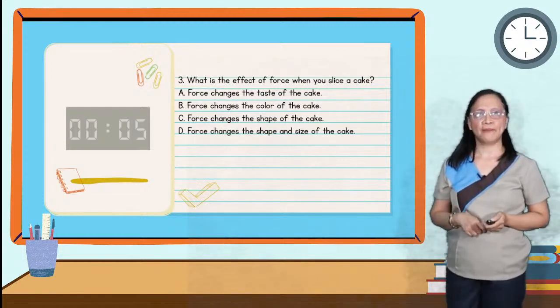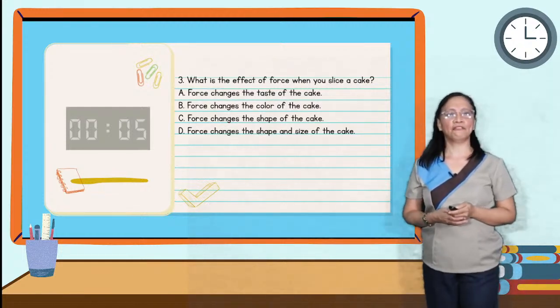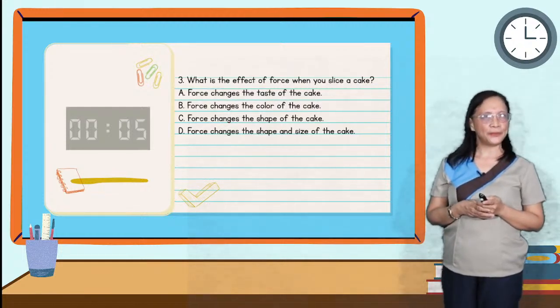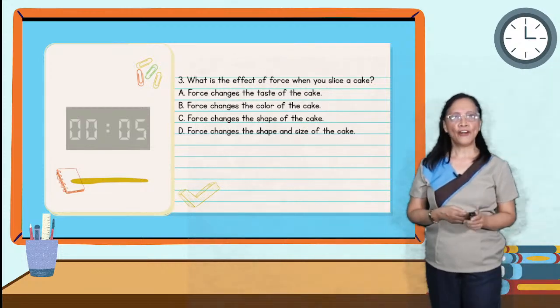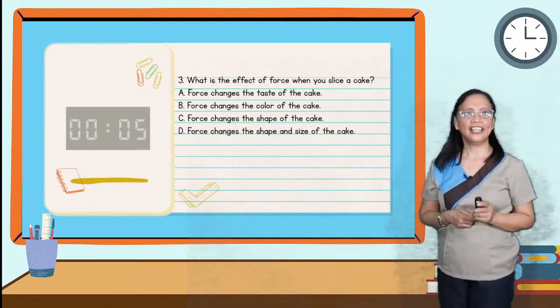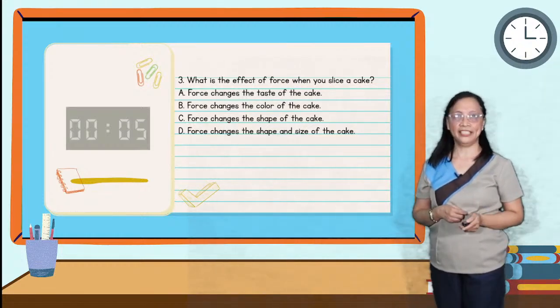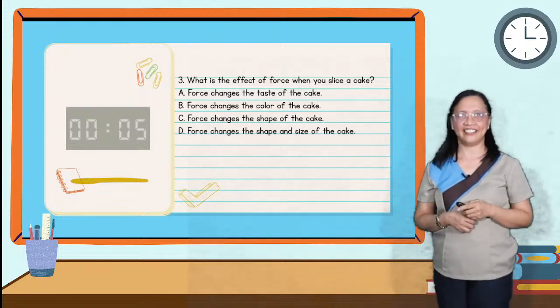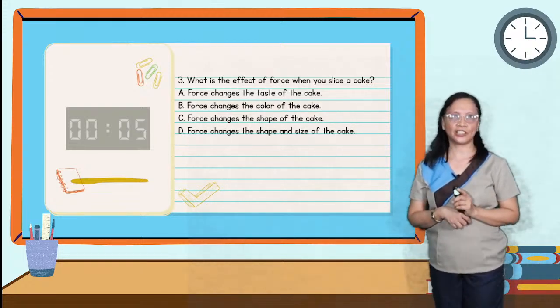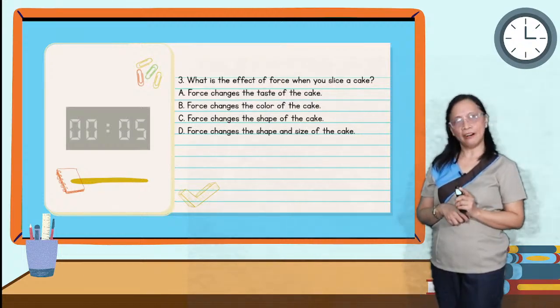Number 3, what is the effect of force when you slice a cake? A, force changes the taste of the cake. B, force changes the color of the cake. C, force changes the shape of the cake.